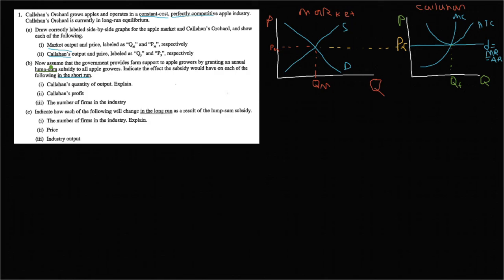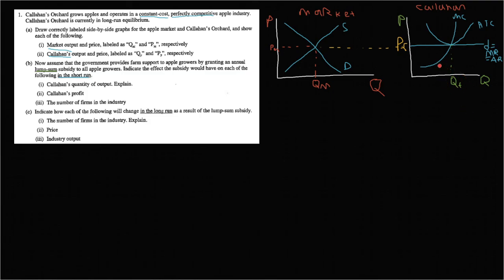And because it's not a per unit tax or per unit subsidy, it's not changing the marginal rate. And so the point of finding this quantity that Callahan sells, where marginal revenue equals marginal cost, this point right here is where the quantity is.